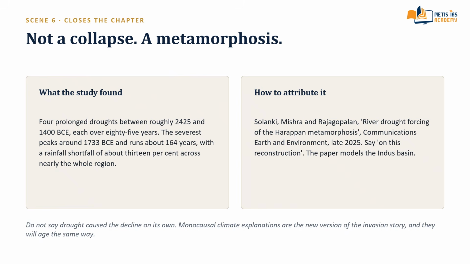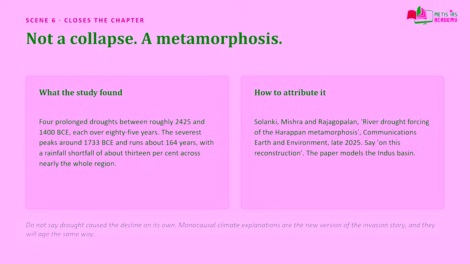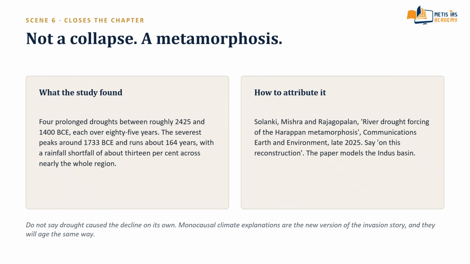In late 2025, a team from IIT Gandhinagar and the University of Colorado Boulder published in Communications Earth and Environment a paper called River Drought Forcing the Harappan Metamorphosis, by Solanki and Mishra, using climate model simulations with cave stalagmite geochemistry and lake water level records from northwest India.